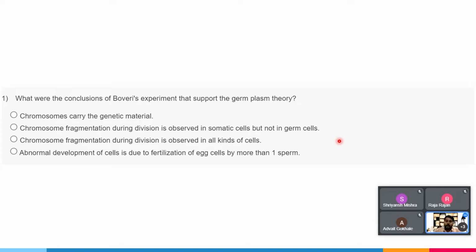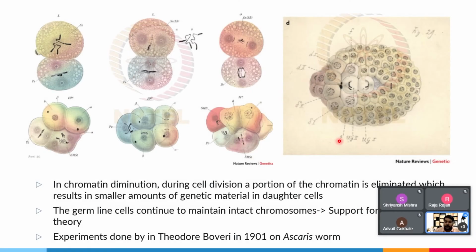So what exactly were Boveri's experiments? Boveri's experiments, as we have seen in this slide, showed that chromatin diminution occurs, and somatic lineages have smaller and smaller parts of chromosomes in them, and the germline carries the entire chromosomes in their entirety and thus carries the entire information to the next generation.